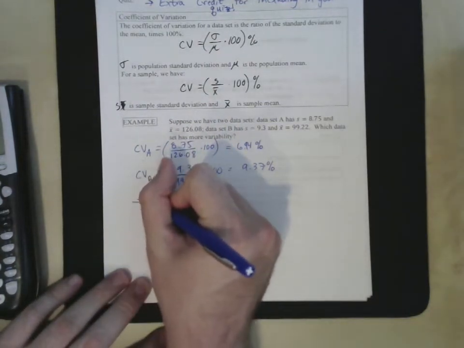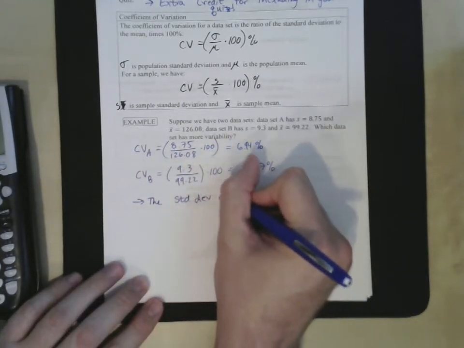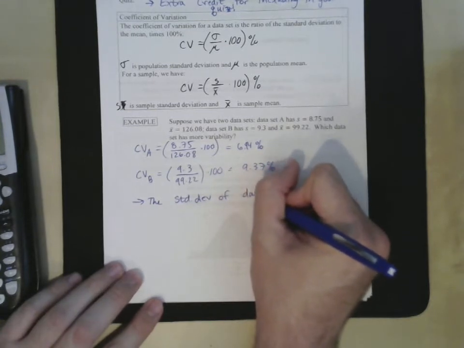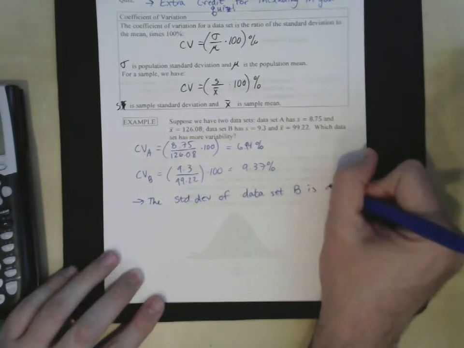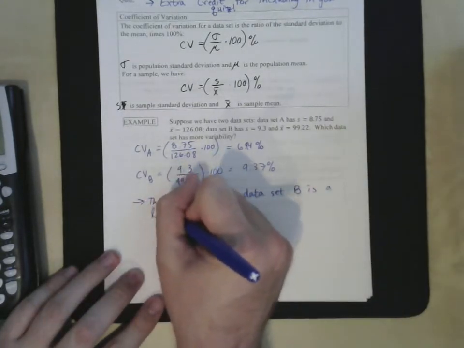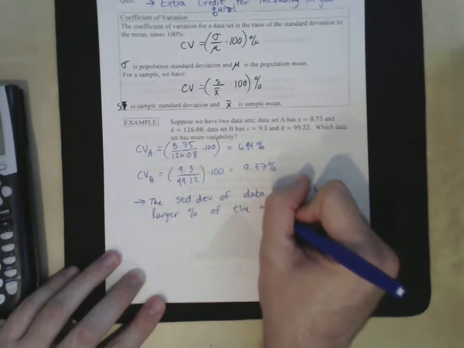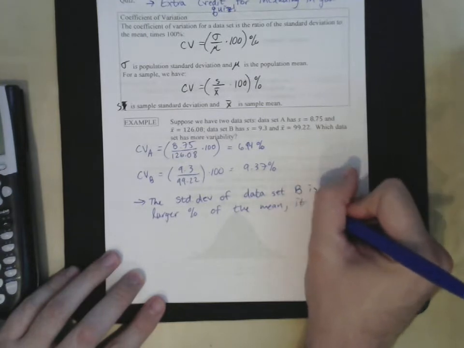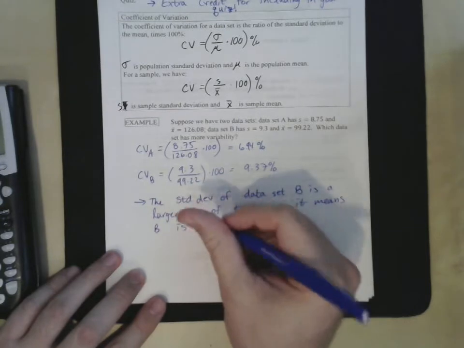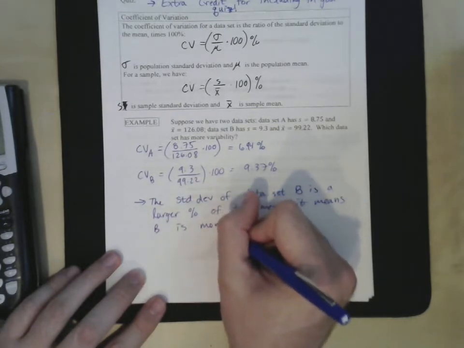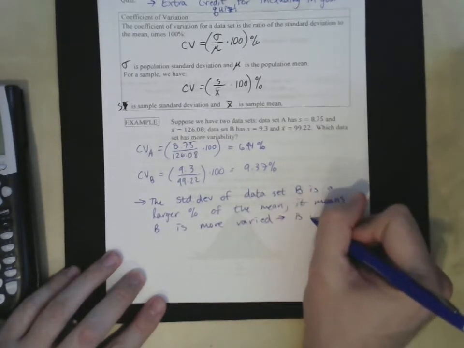So since the standard deviation of data set B is a larger percentage of the mean, it means B is more varied, or i.e. is more spread out.